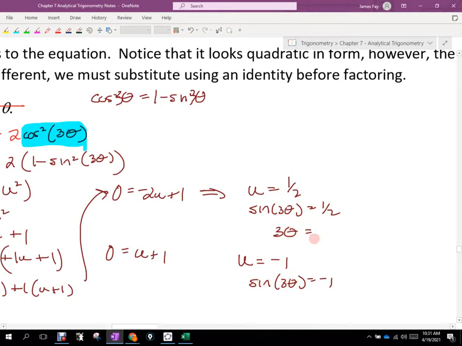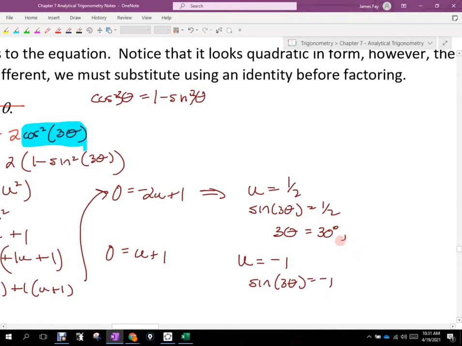So then 3 theta, what is the angle that gives me 1/2 back for sine? The sine inverse of 1/2 is what angle? Not 60, 30 degrees.